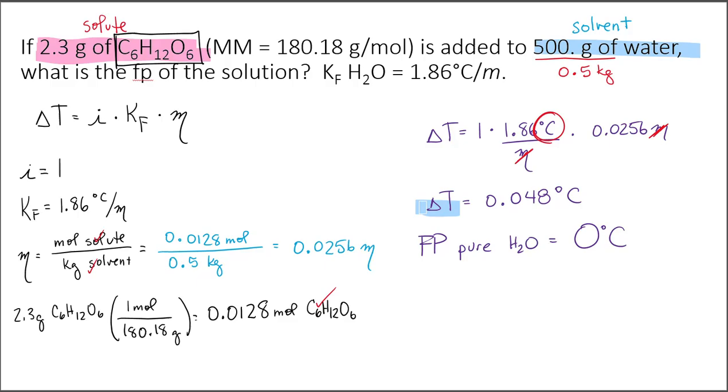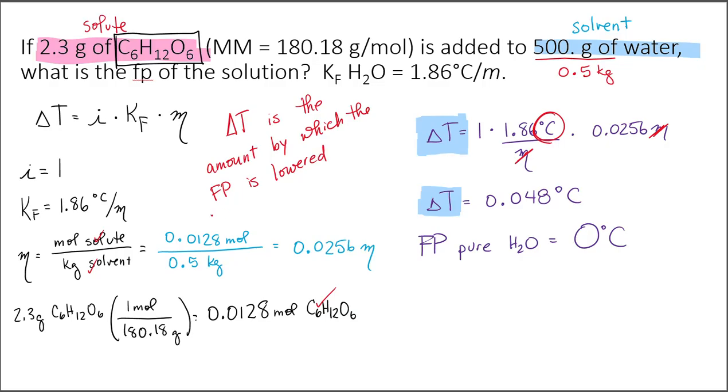The delta T is the change in, the amount by which the freezing point has been lowered. I'm going to write that down because I say it aloud: delta T is the amount by which the freezing point is lowered.